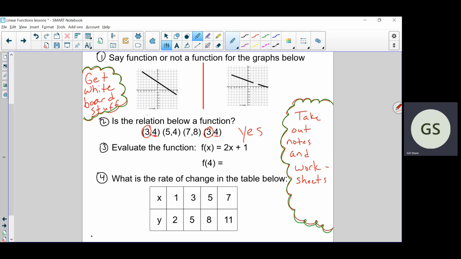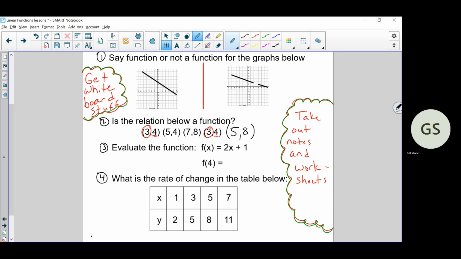Let's look at that very last one, where we're looking at how they repeat. If one of those changed, like 3 comma 2 and then 3 comma 4, is that still a function?